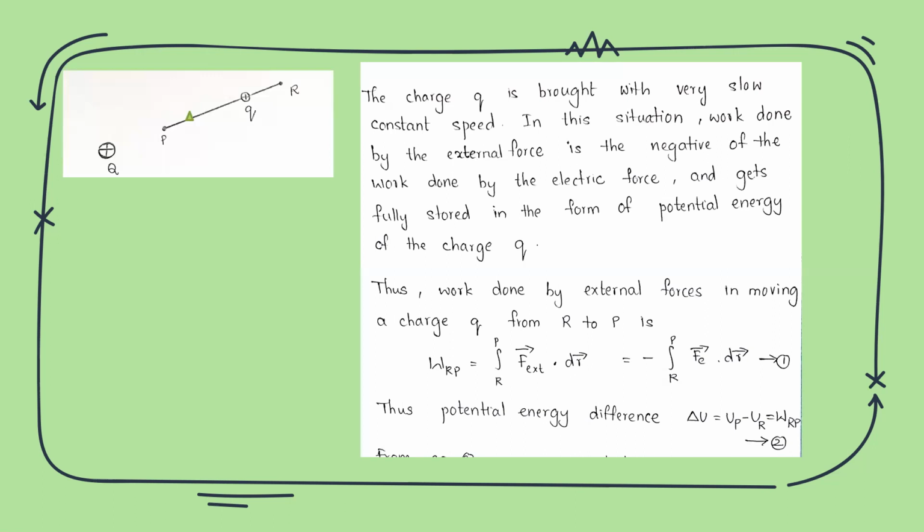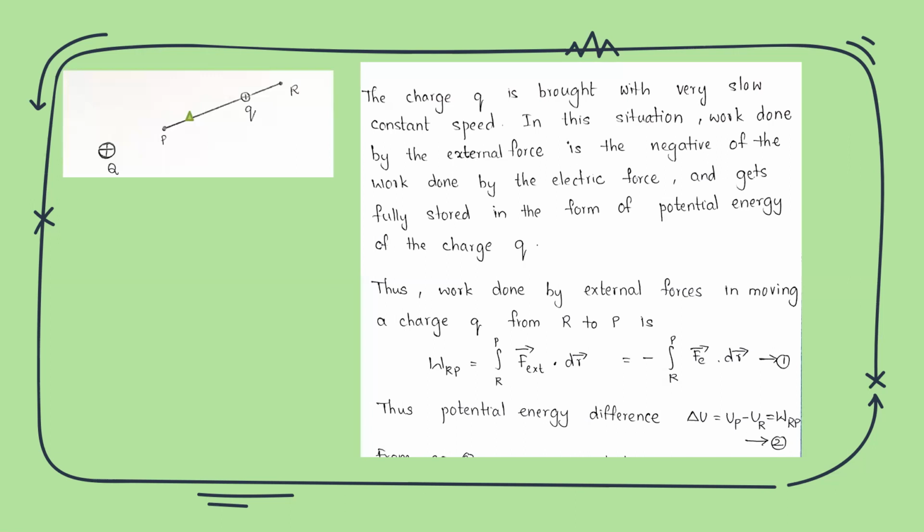Now, what is the work done? We all know, even from the 11th standard, work done is equal to force into displacement. Here, the work done in moving the charge small q from R to P, we have to integrate it.